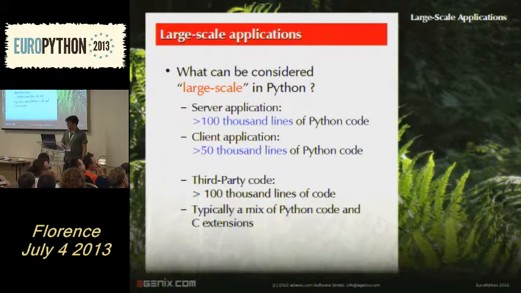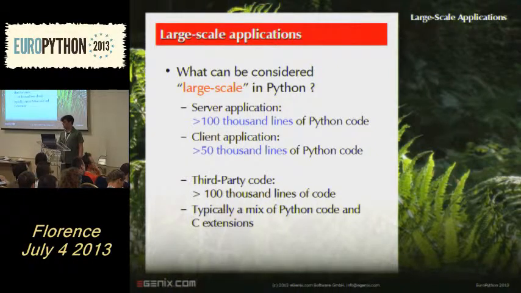The title of the talk includes large-scale applications. Now, what's a large-scale application? Of course, it's hard to define, so I just made up some numbers. And these numbers are based on the experience that others have with implementations in, for example, Java or C++. If you're doing Java or C++, the large-scale application has about 1 million lines of code.